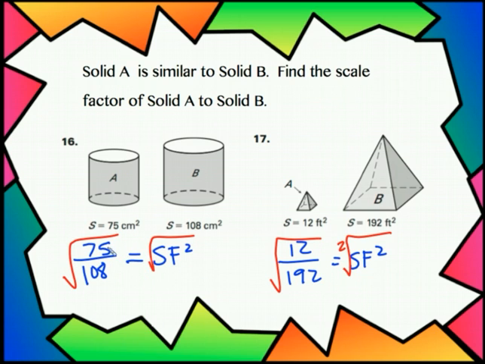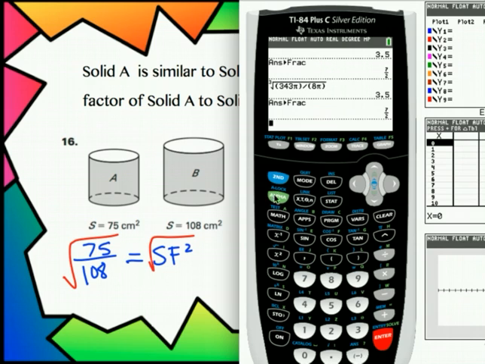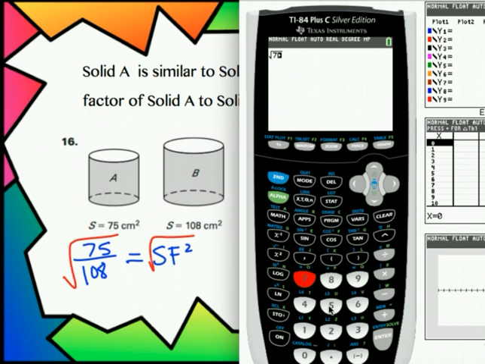Now, this would actually reduce and probably be some perfect squares that you know, but if you're doing it on the calculator, you don't really have to worry about that. Just do second square root. But if you do it separately, like if you do square root of 75 and square root of 108, then you're going to get really confused. So either do it all in one step, like this, or reduce it first and then do it separately.